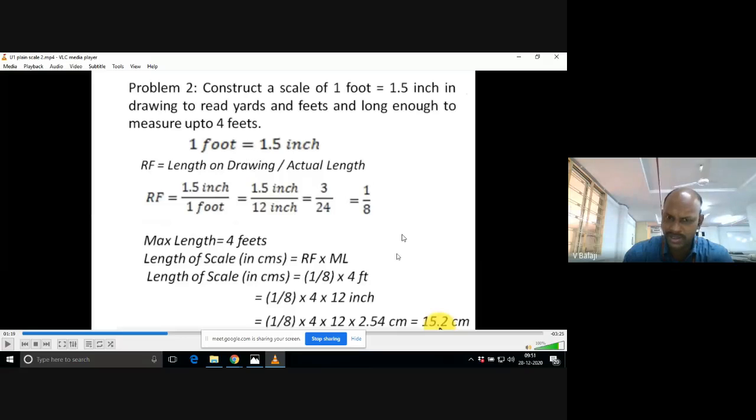So I have taken a representative fraction according to the relation given in the problem. I calculated the RF factor and multiplied it with the maximum length of 4 feet. I got 15.2 centimeters. Understood? Actually speaking, 15.2 centimeters represents 4 feet. That is important. You need to understand.